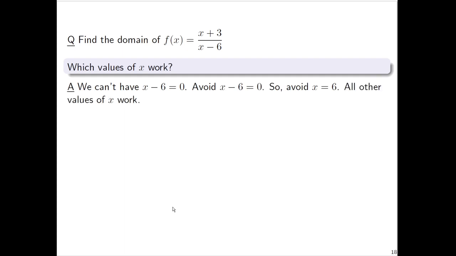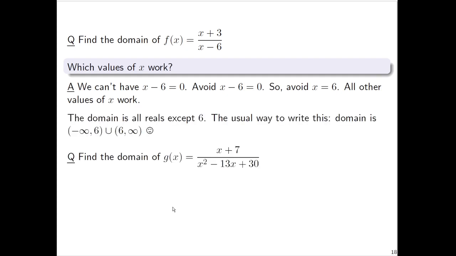That's really it. It's the only value of x that causes a problem. All other values of x work just fine. So the domain is all reals except 6, and the usual way to write this is parenthesis, negative infinity, comma, 6, parenthesis, union, parenthesis, 6, comma, infinity, parenthesis. The numerator being 0 isn't going to cause any problem. It's okay to have 0 in the numerator of a fraction.